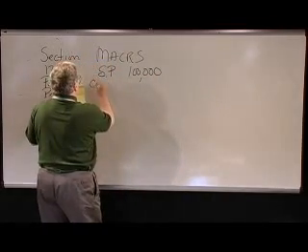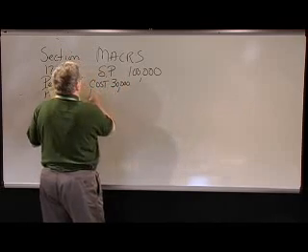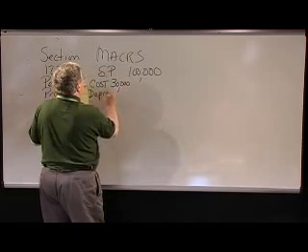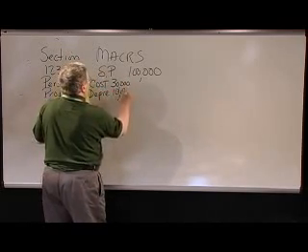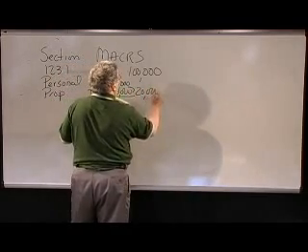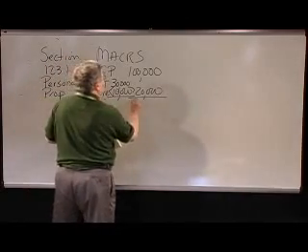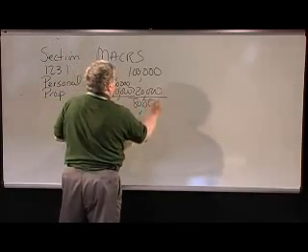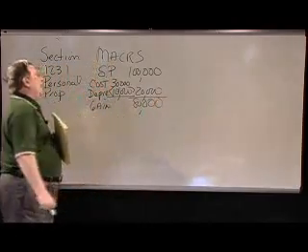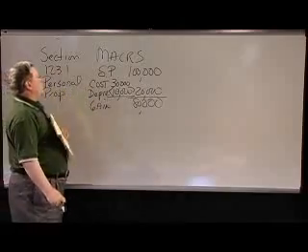Our cost is $30,000. Our depreciation taken is $10,000, giving us a basis of $20,000, giving us a gain of $80,000.